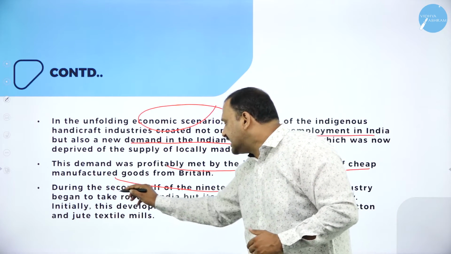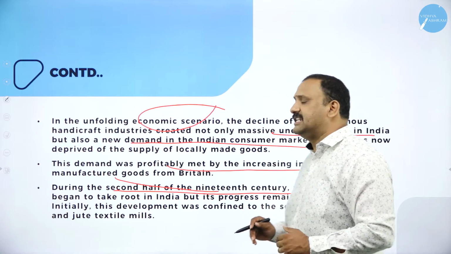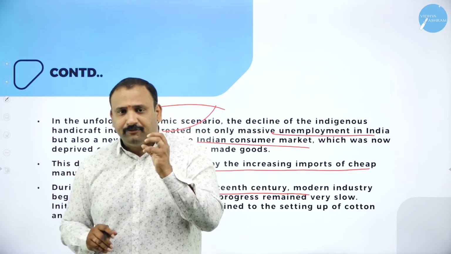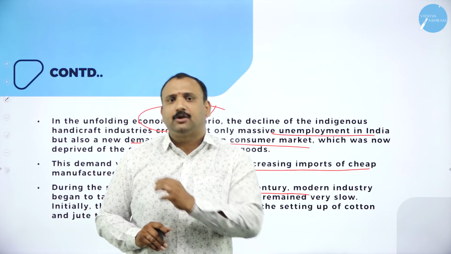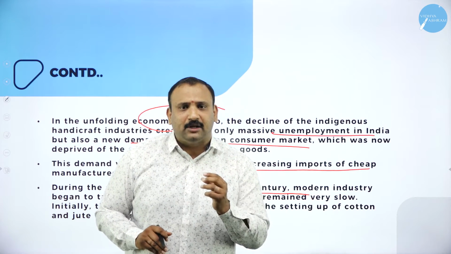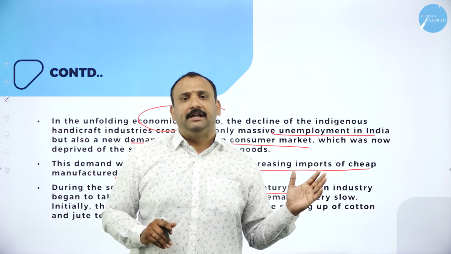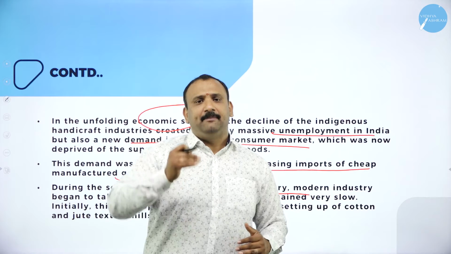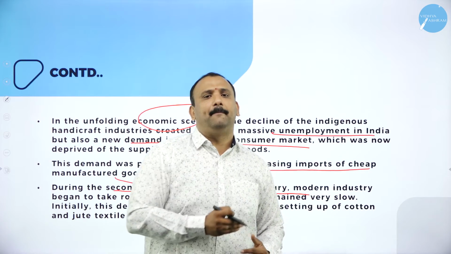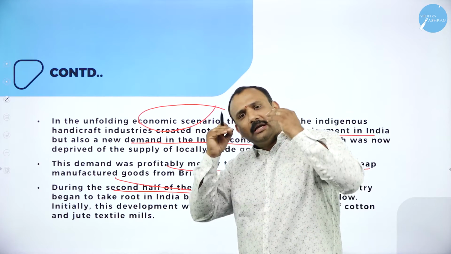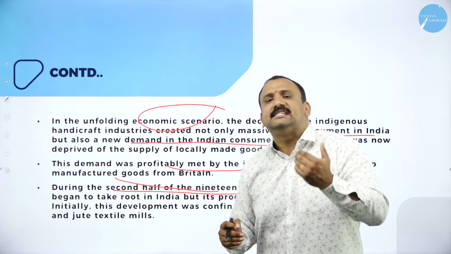Next. During the second half of the 19th century, now that is very important. Why? Because from 1950 onwards, that's where we are going to talk about the real economic growth. Because after that, once the British completely left India, when we became a republic altogether, that was a time India understood that we need to come back. We need to make a definitive comeback where we can go back, look into all those industries and start developing.